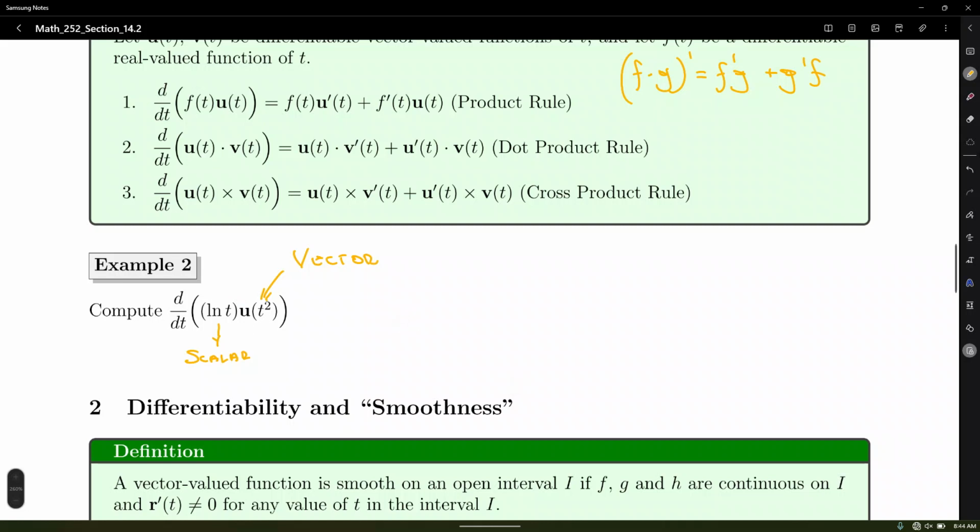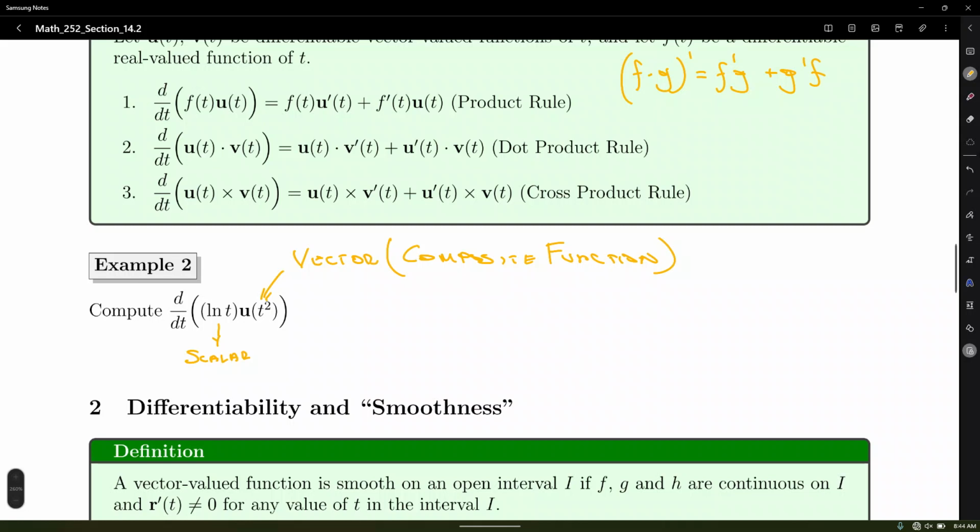But hold on, this is a vector in a special way, a vector composite function. All right. So, because it's a composite function, somehow we will combine this product rule with the chain rule. Okay, let's see.